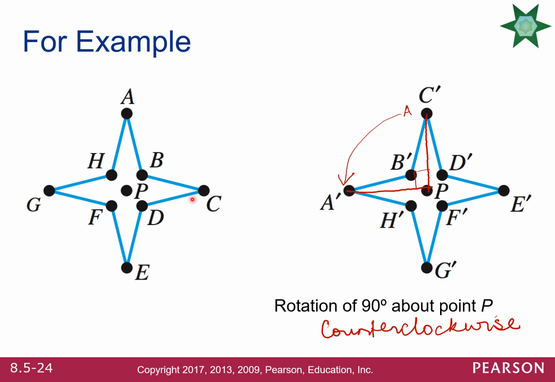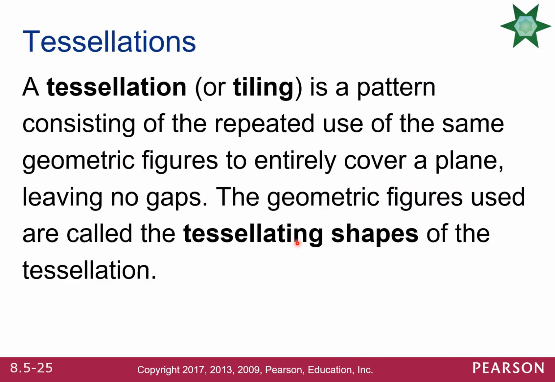Same with E and C. And then we will be rotating the inner points B, H, F, D in the same manner. F will take the place where D was. D will go up to B's position. B will go up to H's position, and H will take F's position. All right, so this is an example of rotating 90 degrees counterclockwise about point P.